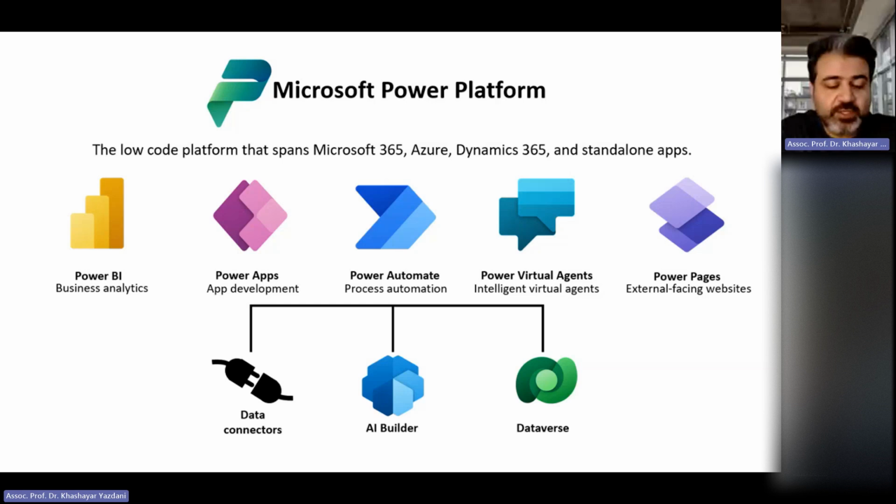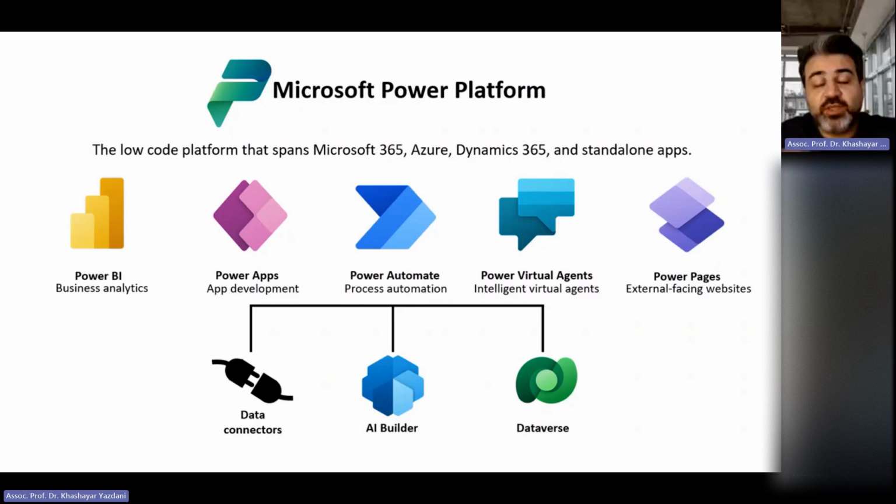Before I start the class, I want to start with the Power Platform. It is one of the products by Microsoft. You know the other products of Microsoft like Office 365. Office 365 includes Microsoft Word, Excel, PowerPoint, and other applications. And we have Dynamics 365, we have Microsoft 365.